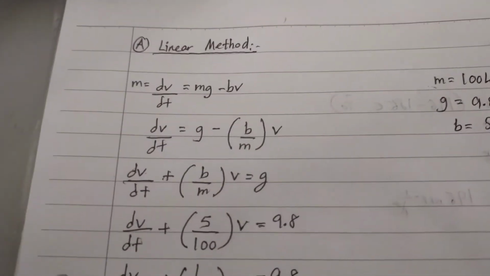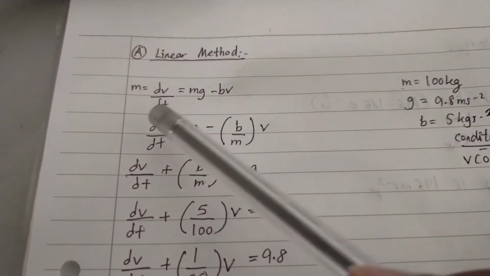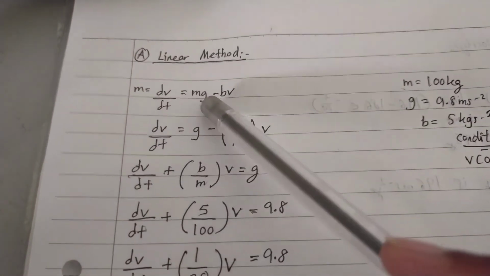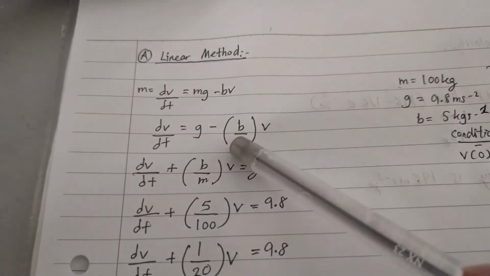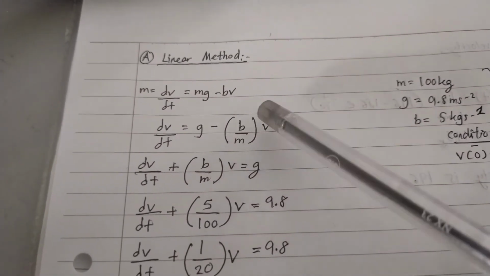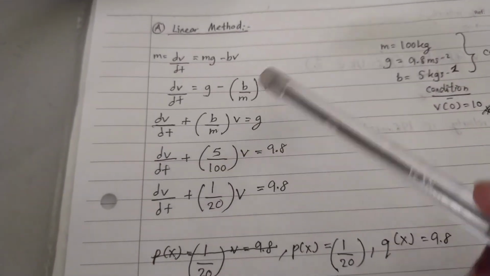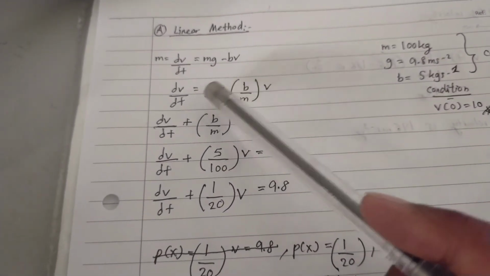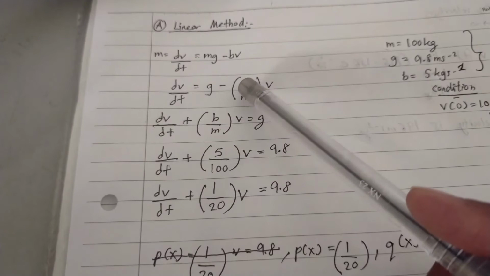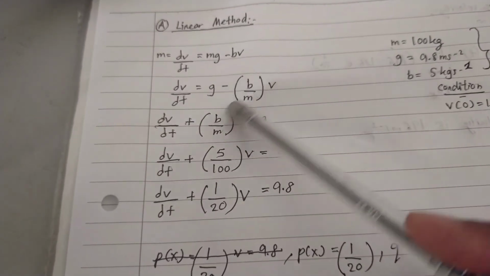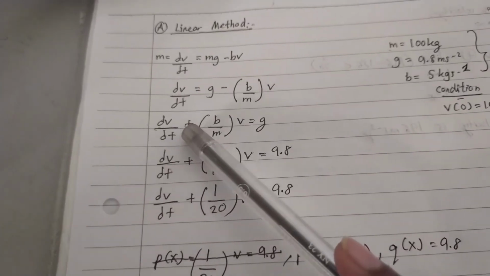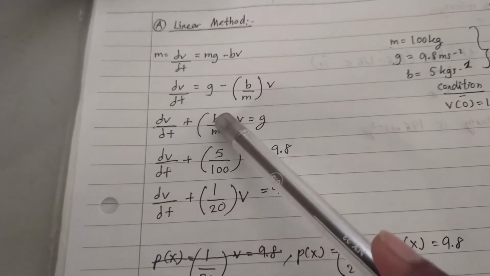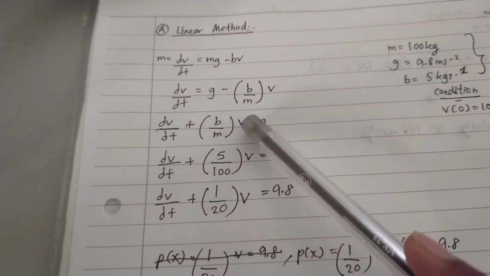First we divide through, so dv/dt equals g minus (b/m)v. Then the negative b over m times v, we push to the other side, so it becomes dv/dt plus (b/m) times v equals g.